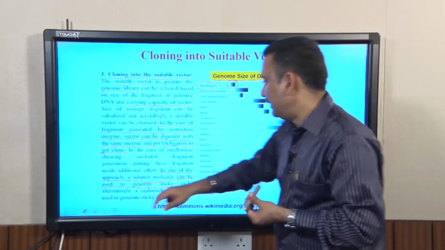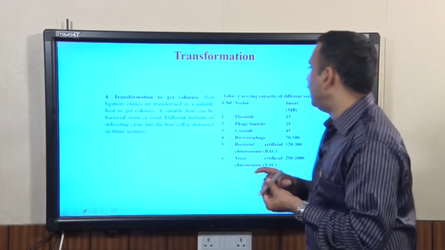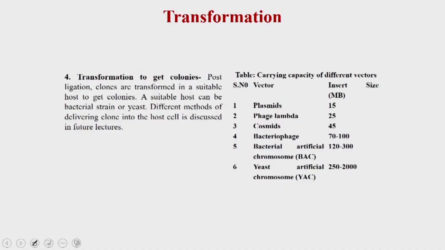Now, let us see the different vectors which you can use. You have bacterial plasmids, then the phage lambda, cosmids, the bacteriophage, the bacterial artificial chromosome or BAC, and then the yeast artificial chromosome or YAC. All these vectors have different carrying capacities.